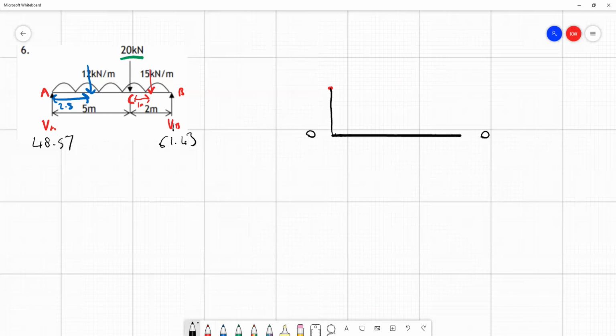And I'll mark on here 48.57. And we use the same process that we've done before to work out the forces just left and just right of each point. So the next point we want to consider where a point force is applied that's not a UDL is point C. So let's think about C. At C, we've got, just to the left of C, what do we have?